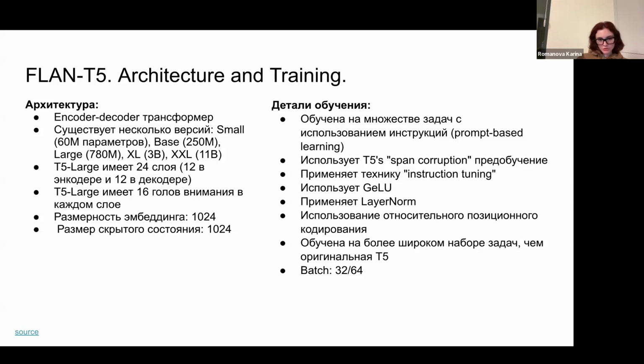Also relative positional encoding, about which I told you on the previous slides, allowing it to handle longer input sequences and adapt flexibly to varying text lengths. Also, it uses layer norm and span corruption pre-training. This improves stability and helps Flan-T5 generalize across different types of tasks.